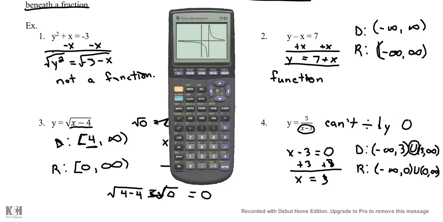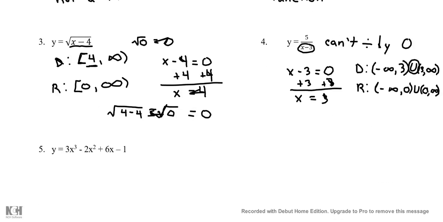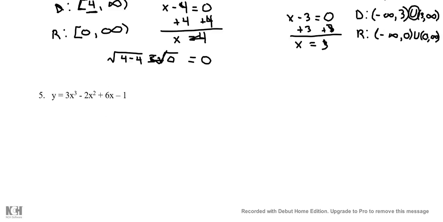That's why the graphing calculator is an important tool in this class, because we're going to be using it a lot to determine domain and range. We can get domain and range off of the graph, and I would just bear in mind that if you do not have a graphing calculator, it would be best to get one as we continue through the course.